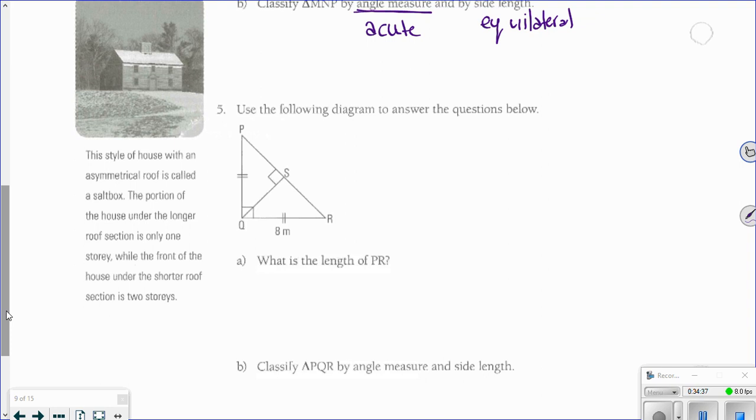This next one says, what's the length of side PR? So side PR is the side all the way across this piece of the triangle. In this case, I know that this side that's 8 meters is equal to this side that's also 8 meters.